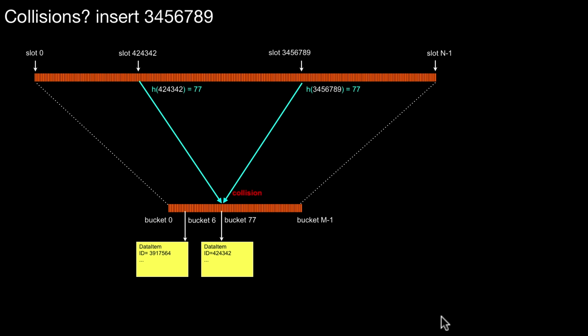One problem, of course, which is likely to happen in hash maps are so-called collisions. What might happen is you have two different keys with respect to this domain here, domain 0 to n-1. So we have this key and we have that key. And now it might happen that the hash value of both of those keys is actually the same. So whether you hash this key or that key, both will have the same result, 77, which would mean that both need to be inserted into the same bucket.